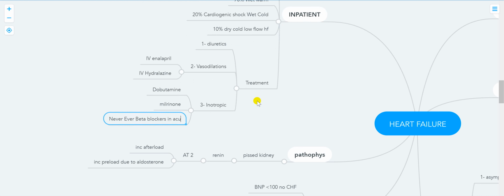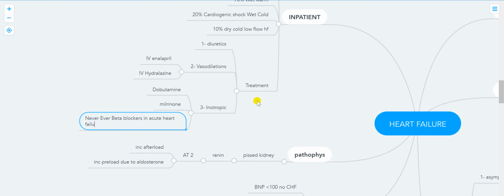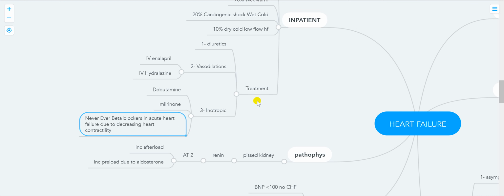Good addition. Because it decreases the contractility of the heart. Usually in the inpatient setting, something is severely decompensated. That's why we do these things.